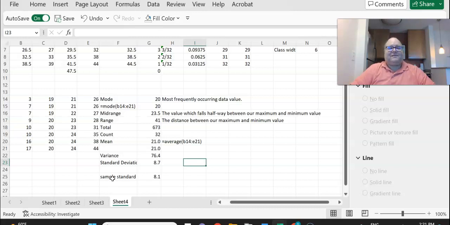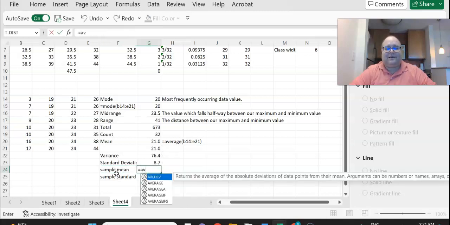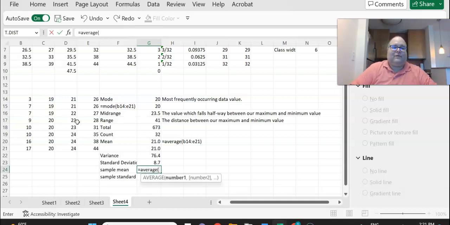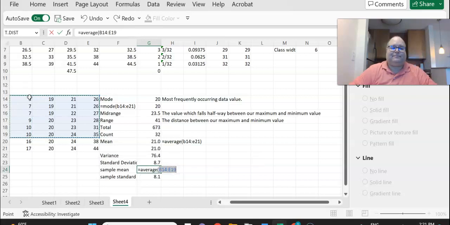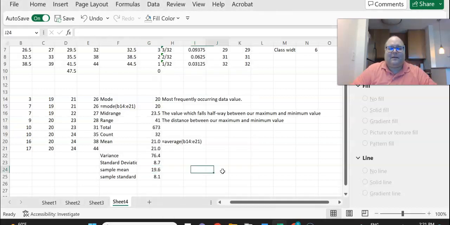Since we have a slightly different set of data, let's find the sample mean, equals AVERAGE of the top 6 rows. So our average is a little bit lower than our population mean, with our sample being a little bit narrower as well.